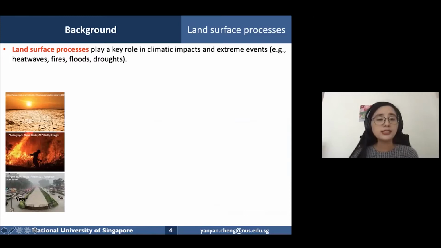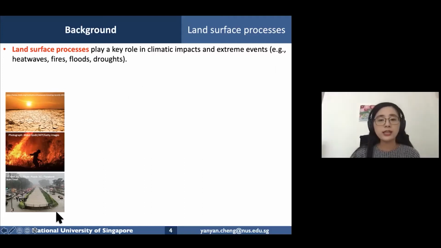The reason I'm particularly interested in the land surface model is because these land surface processes are very important in the climate impact aspects. For example, under extreme events like heat waves, wildfires, and flooding, even the flooding happening in Singapore, and also droughts, it's all these land surface processes that respond to these extreme events.